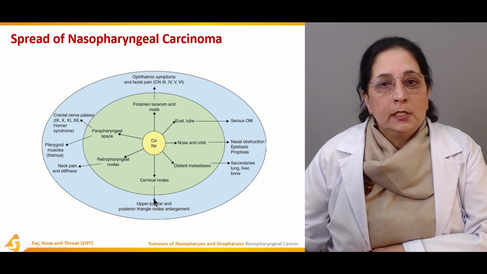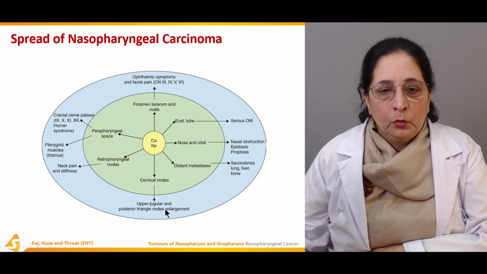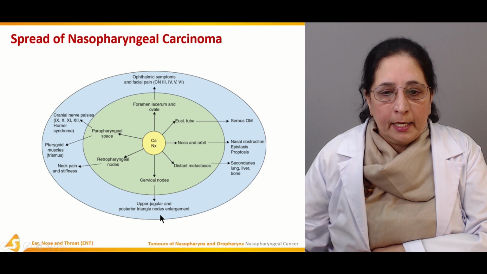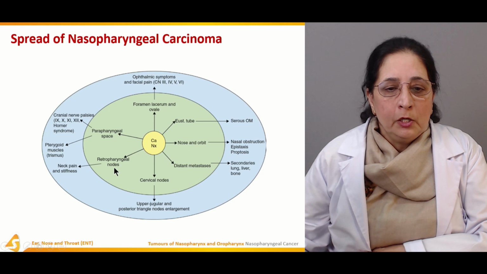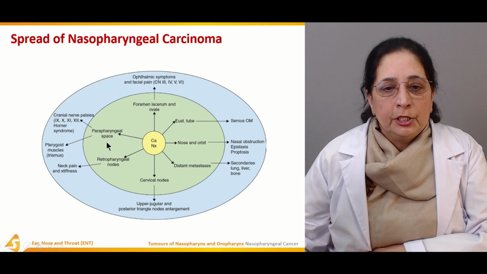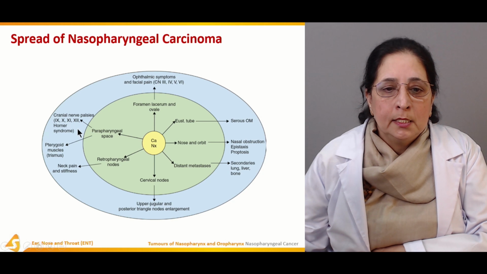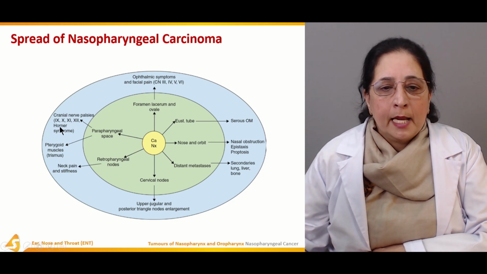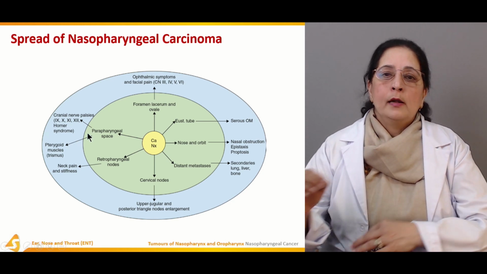If it spreads to the cervical nodes, lymph nodes in the neck, upper jugular and posterior triangle node enlargement can occur. If to the retropharyngeal nodes, there is neck pain and stiffness, and in the parapharyngeal spaces, we have the pterygoid muscle and trismus can occur, and it also causes cranial nerve palsies, involvement of the 9th, 10th, 11th, and 12th cranial nerves, and leads to Horner syndrome.